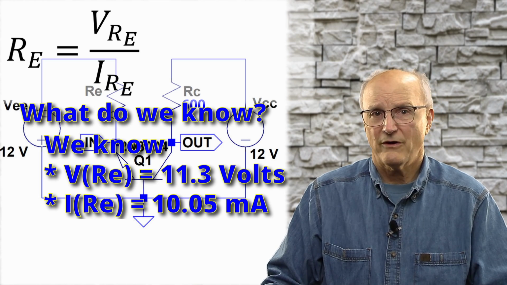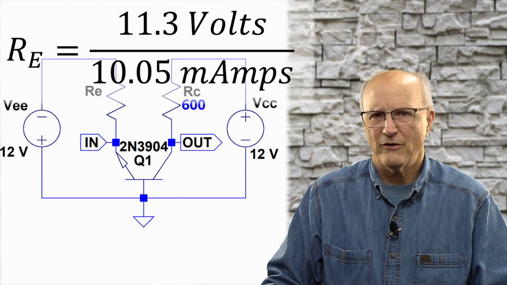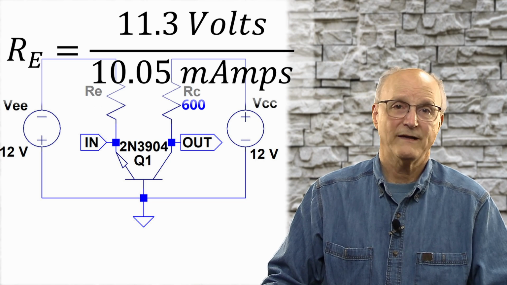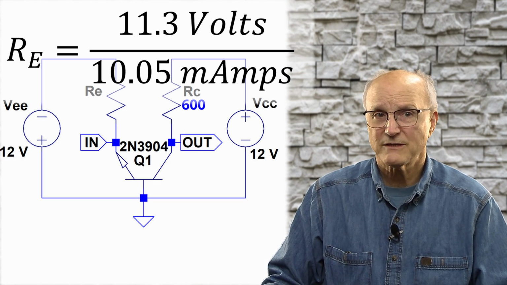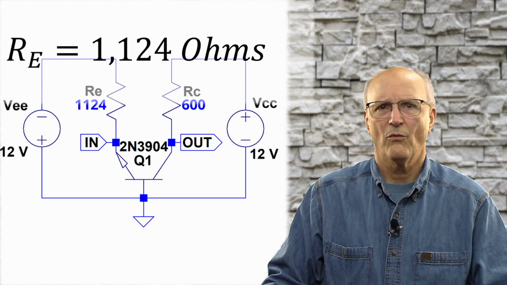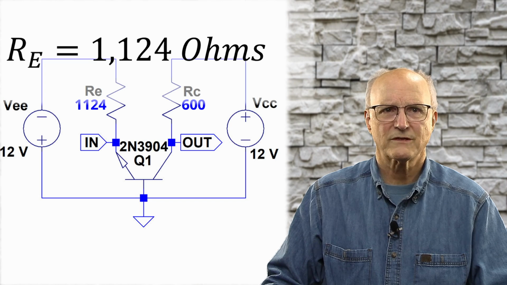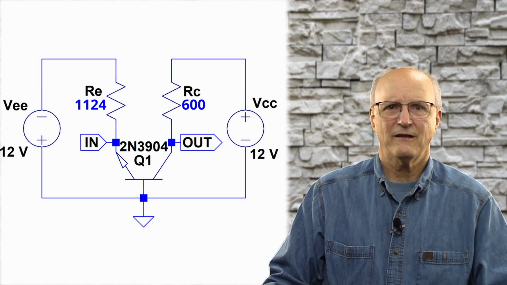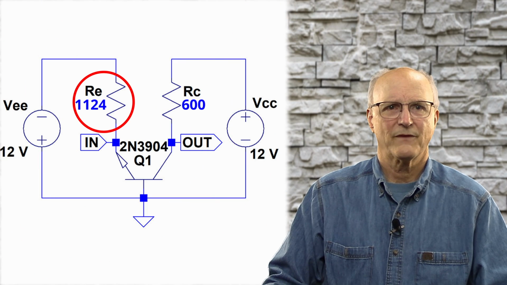Putting these into our equation, we get that the emitter resistor value is equal to 11.3 volts divided by 10.05 milliamps, which gives us an emitter resistor value of 1,124 ohms. So we've accomplished our second goal, to calculate the value of the emitter resistor.